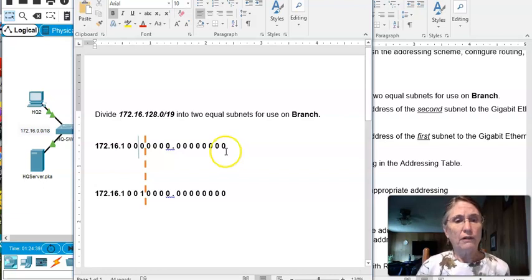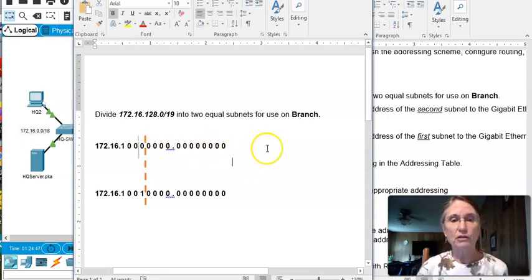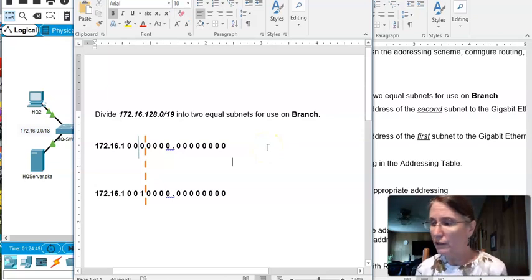So the broadcast address, of course, would be found by flipping all of the bits to 1.